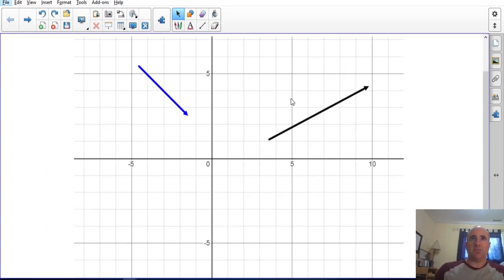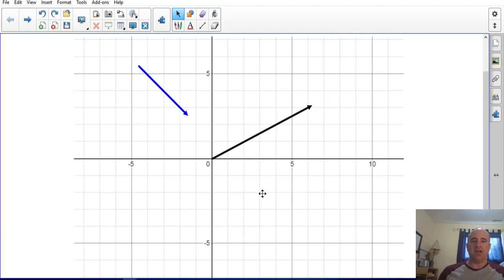So here's an example. I've got the Cartesian plane here, and I've got two vectors. Now the trick is that vectors don't have position. They just have direction and magnitude. That means they can be moved around. So I can take a vector and move it so that its tail is at the origin.